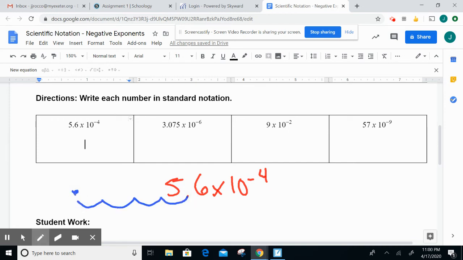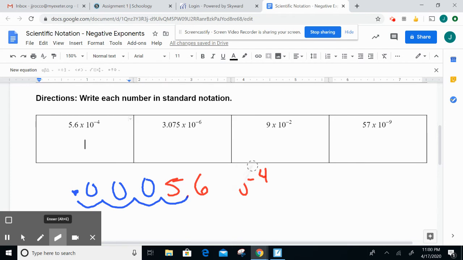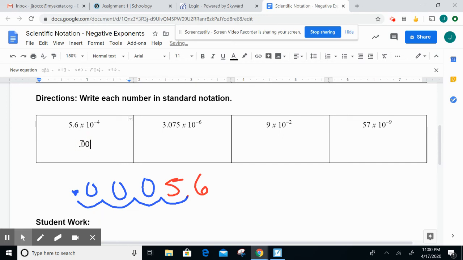Place your decimal, fill those bumps in with zeros. There's your answer. And you don't need an equation for this. You got point, 1, 2, 3, 5, 6.